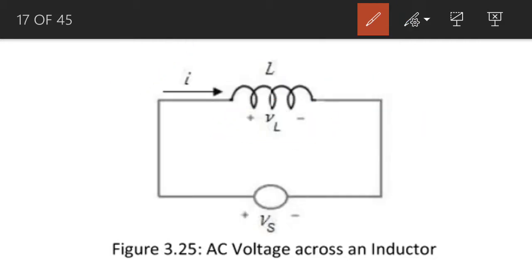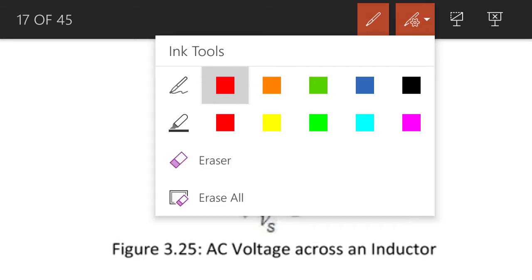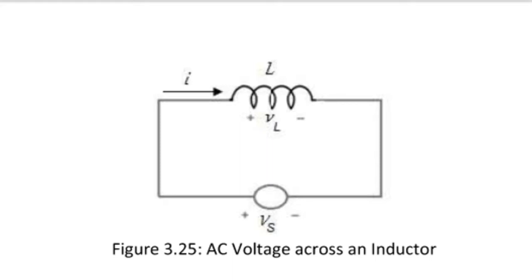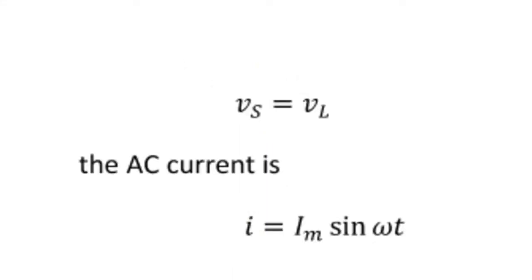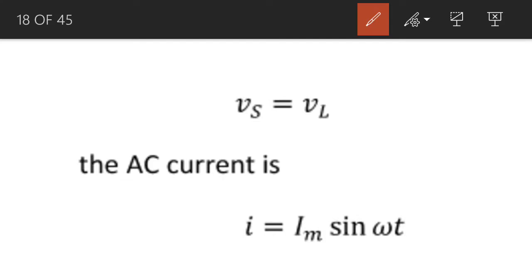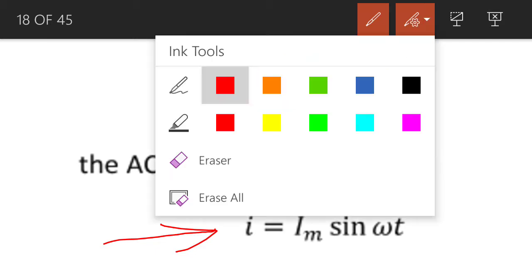If we apply KVL to this loop, according to KVL, the sum of the voltage rises in this loop is equal to the sum of the voltage drops, and the voltage across the inductor will be equal to the voltage across the source. So Vs is equal to VL. This is in accordance with KVL. And the equation for the AC current is given over here. The AC current is equal to Im sine omega t.